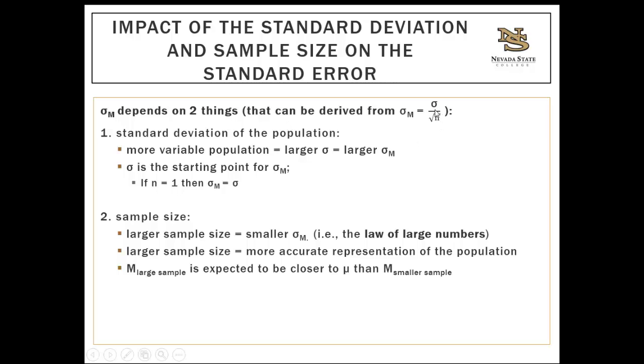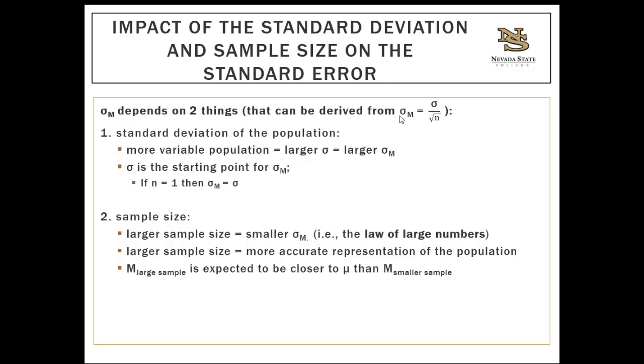So if you think about the formula for the standard error, you see it's the standard deviation divided by the square root of n. Mathematically speaking, if you have a larger standard deviation, then you're going to have a larger number in the numerator of your fraction, and overall a larger value for the standard error. Now, conceptually, that makes sense as well, not just mathematically, because if your scores in your population are really spread out, there's a lot of variability, a lot of differences among all the scores in your population, then chances are any sample mean that you take is also going to be pretty spread out and pretty different.